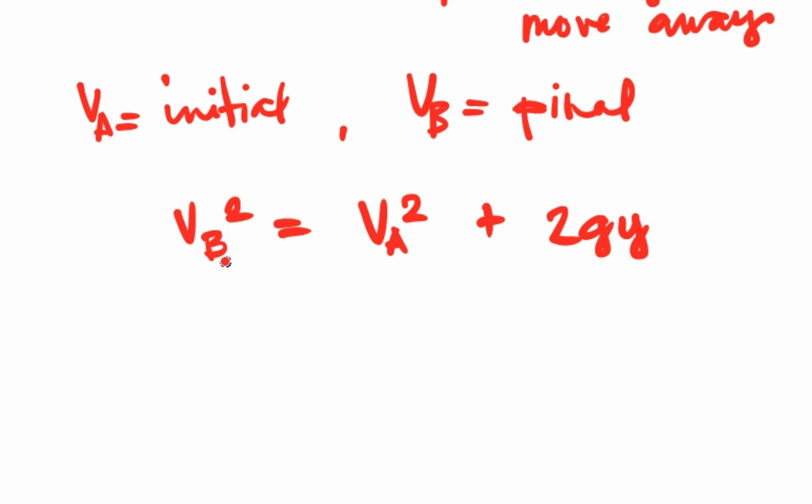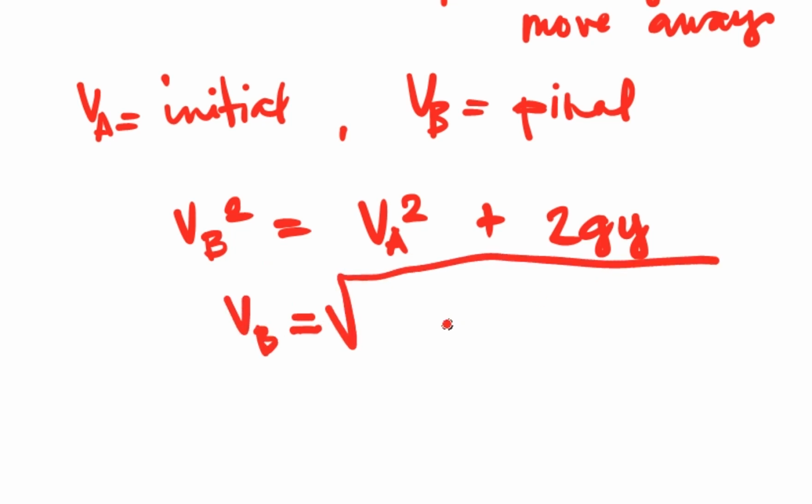Now we need to compute for velocity B. Velocity B will be equal to the square root of VA squared plus 2GY.